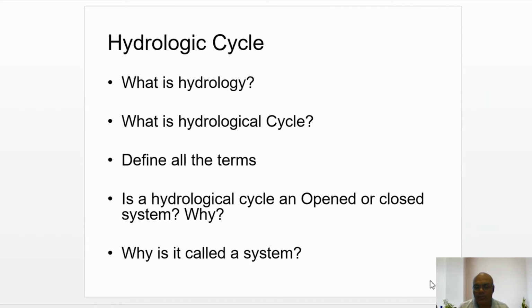They are precipitation, then evapotranspiration, subsurface flow, then condensation, then transportation, and infiltration, etc. So let's discuss all these things in detail.